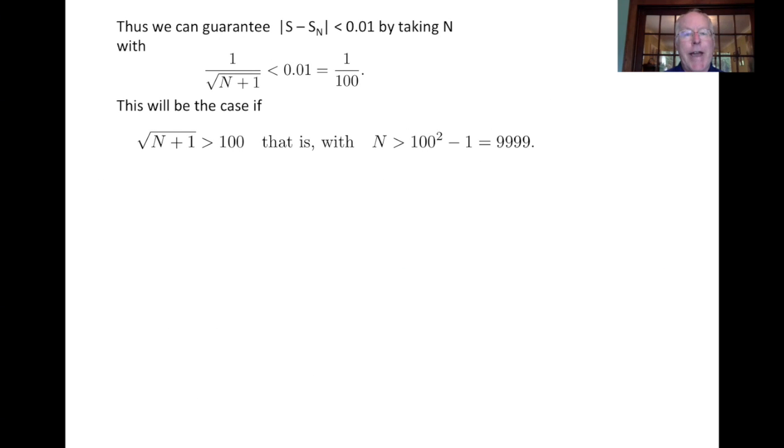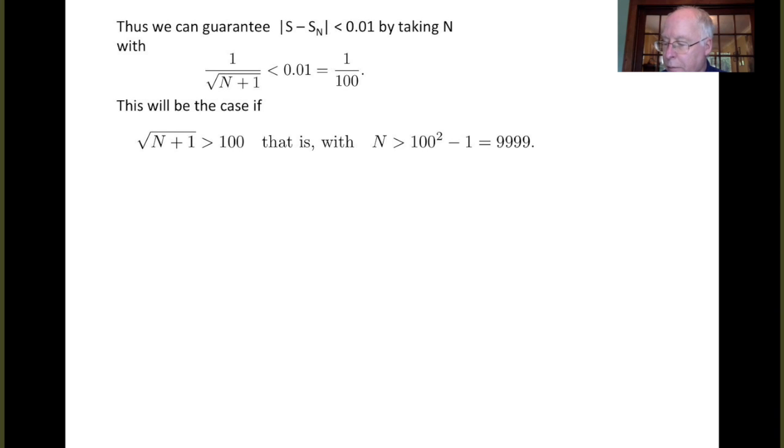So we can guarantee s minus the partial sum S_n is less than 1/100th by taking capital N so that 1 over root n plus 1 is less than 1/100th. And we can solve that inequality like this: cross multiply, square, and n equals 9,999 is one option.